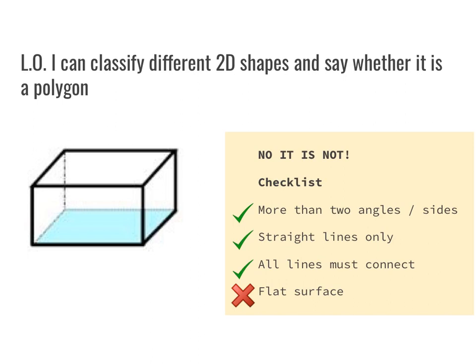Yep, you're right. This is not a polygon because it is not a flat surface. We call this a three-dimensional shape, which we will be looking at in the later part of our maths lesson.